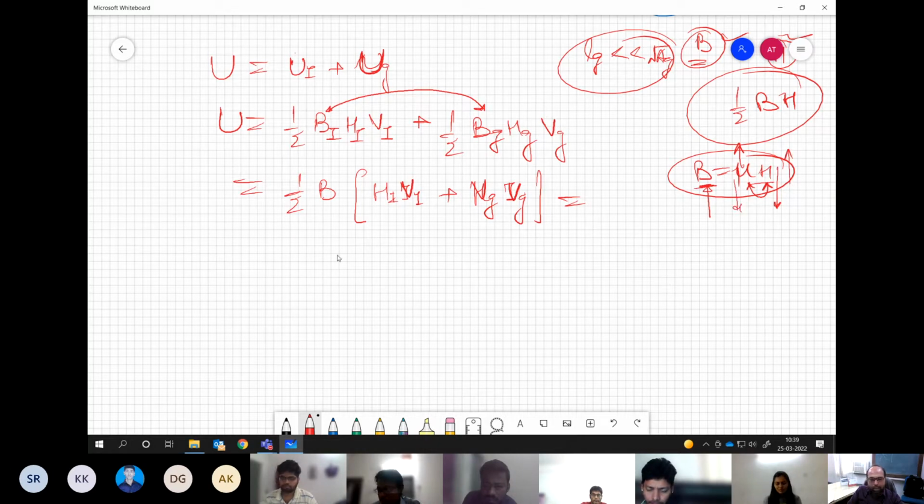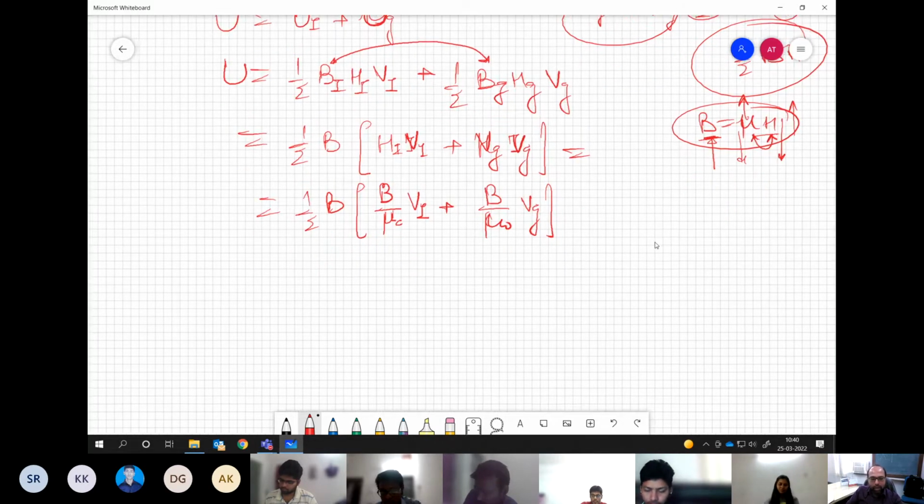The meaning is that for the iron part, the flux density is B, so Hi and this B are related like this: Hi equals B divided by mu c, the permeability of the iron, and for air this will be written like B divided by mu 0.